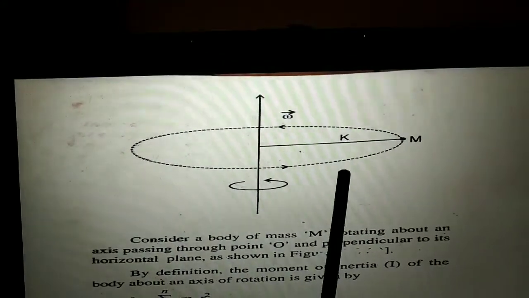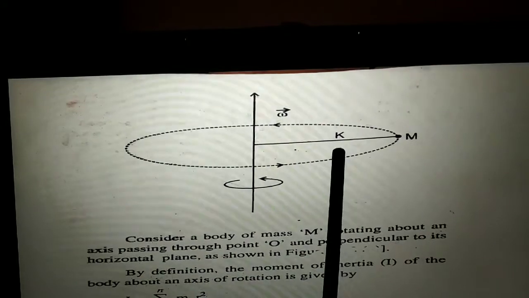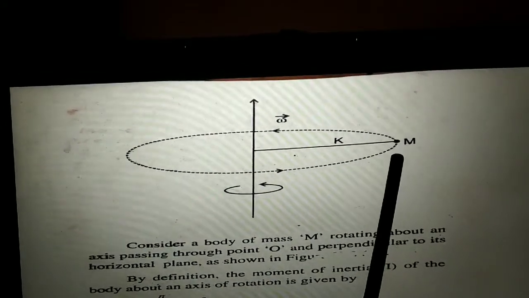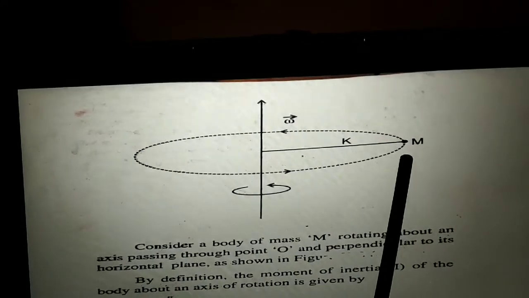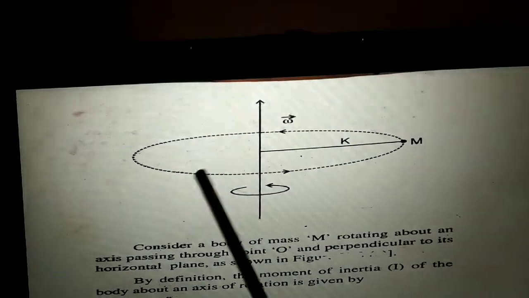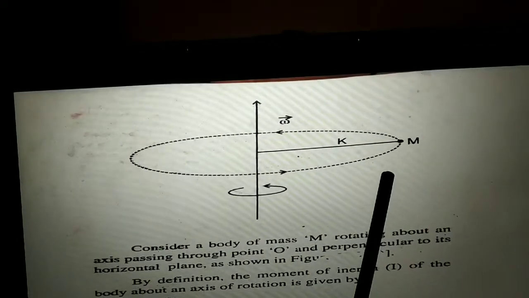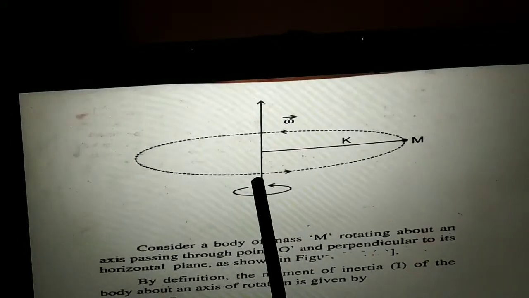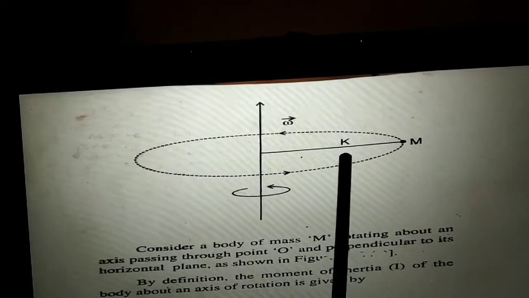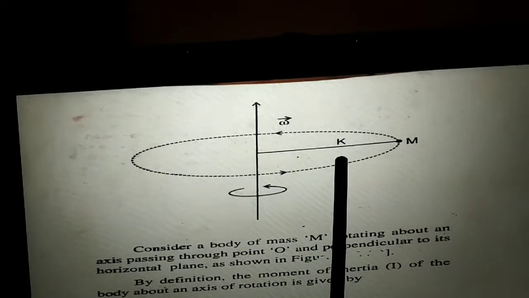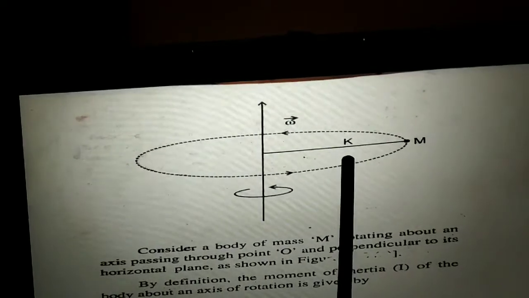Then this K is called the radius of gyration. This point mass M is moving along this axis in a circular path, and its distance from the axis of rotation is given by K. This K is called the radius of gyration.